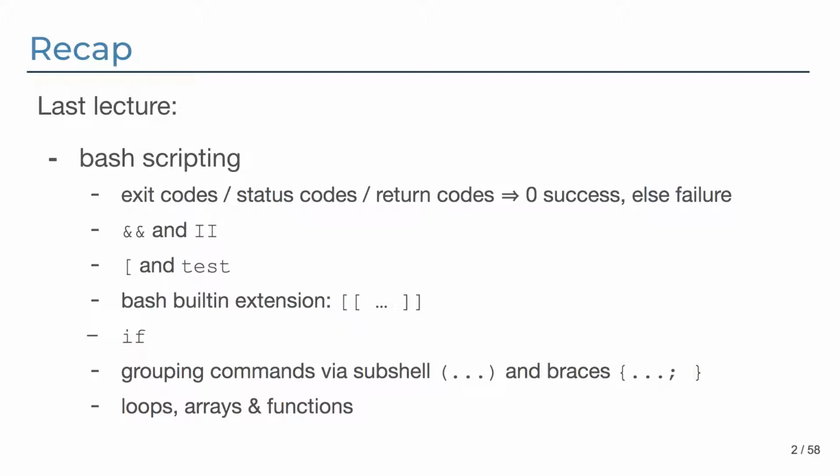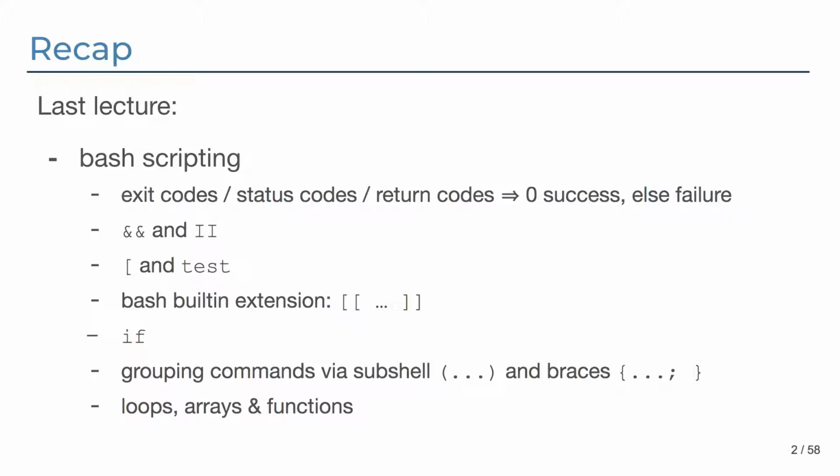The basic principle is that 0 means success and non-zero means failure, and the odd thing is that we can use that to compose conditional execution of commands based on other commands using the double ampersand and double vertical bar. The odd thing was that true was basically 0 and false 1, just flipping the usual intuition.